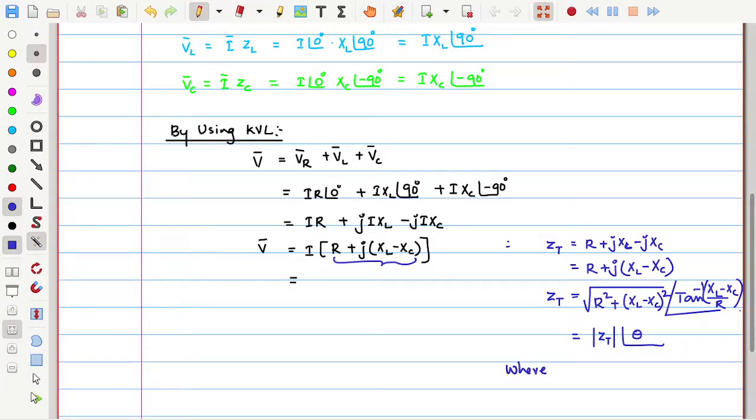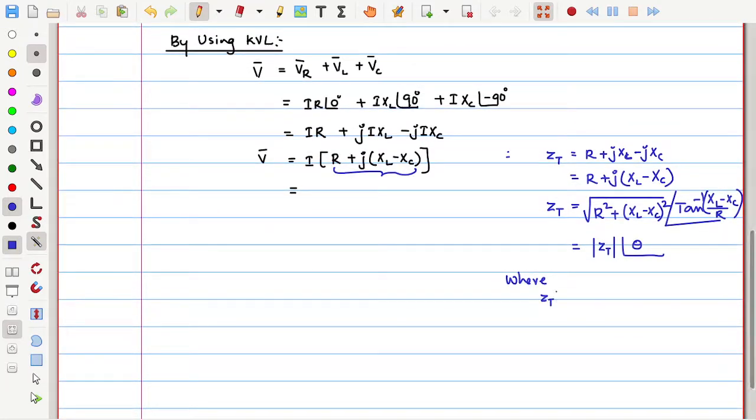Let me write mod ZT as the magnitude, which is equal to the square root of R square plus XL minus XC whole square, where theta is the angle, which is equal to tan inverse of XL minus XC by R. Now I can put this R plus J XL minus XC as ZT, and ZT can be written as mod ZT at an angle theta.